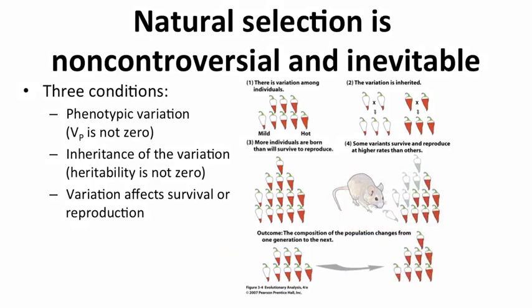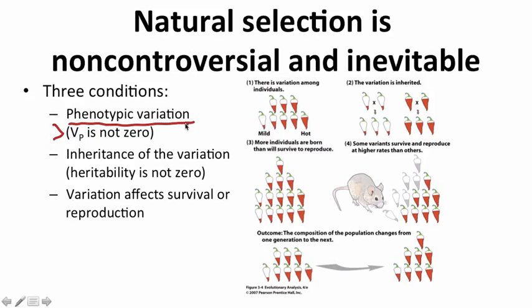Well, natural selection is both non-controversial and, as I mentioned before, it is a mathematical inevitability. It's a mathematical inevitability if three simple conditions are met. First, you have phenotypic variation. We talked about phenotypic variation just recently in the context of quantitative genetics, and that would be that VP is not zero, that basically everybody doesn't look exactly the same in every way.